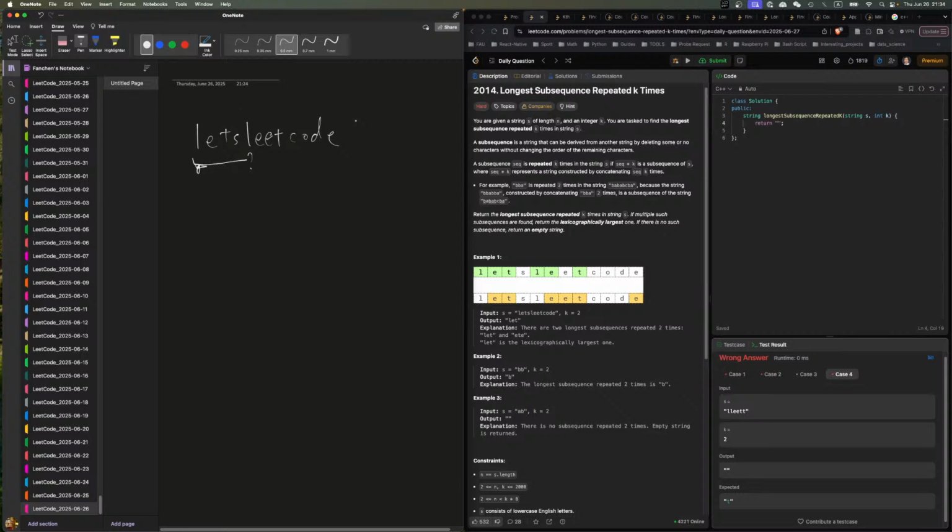Could be many choices. I mean, I can have the indices of all the letters, right? I have indices of all the letters. What does that help?